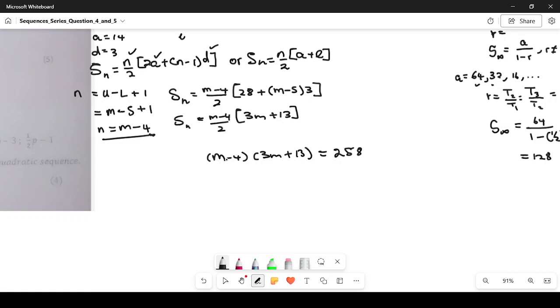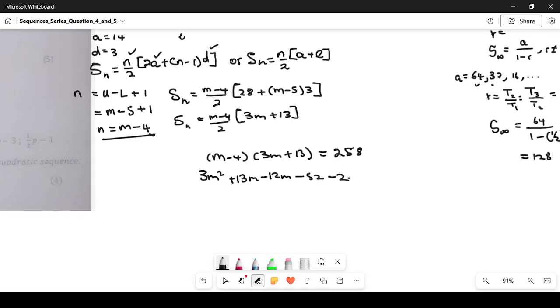So expanding the left hand side, I will have 3m squared plus 13m. Then I will have minus 12m. Then what is 4 times 13? That's a negative 52. Then I will transpose this to the left.